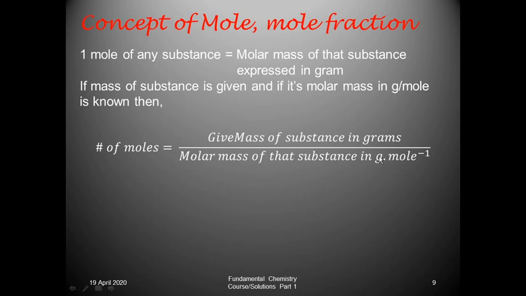Yes, you can change both to the same unit, like milligram per millimole or kilogram per kilomole. But when you take one part in CGS or MKS units, the other part must necessarily be in that unit only. Then there will be no change in the numerical part before the unit. So remember that you must always express this in gram per mole.